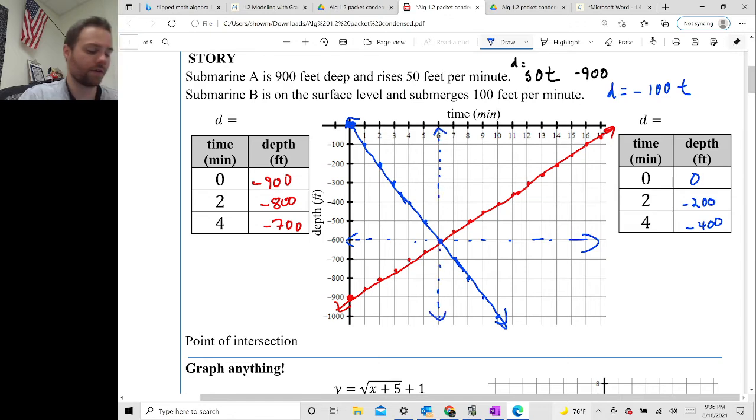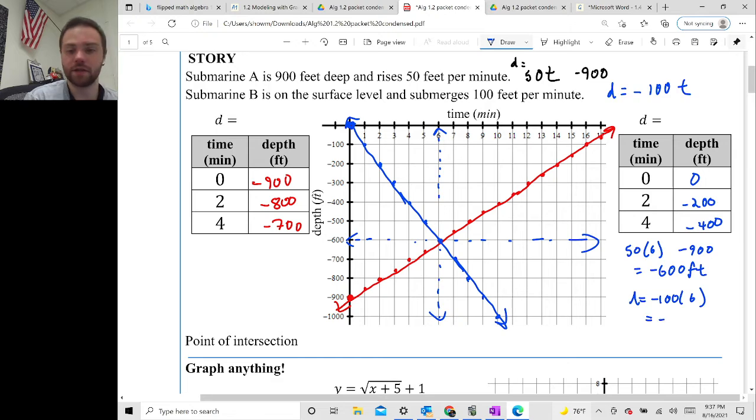So essentially, if I plugged 6 into both of these equations, you'd see that their depth would be the same at the same time, okay? And I'm going to show that. So 50 times 6 minus 900 is equal to negative 600 feet. And if I plug in 6 into the other equation, I get d equals negative 100 times 6.